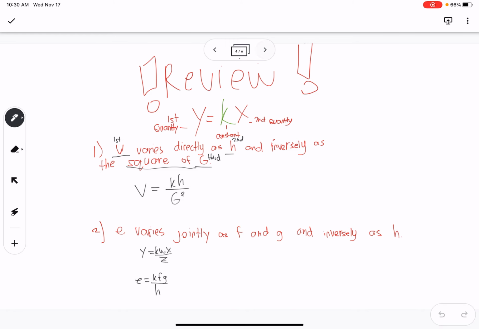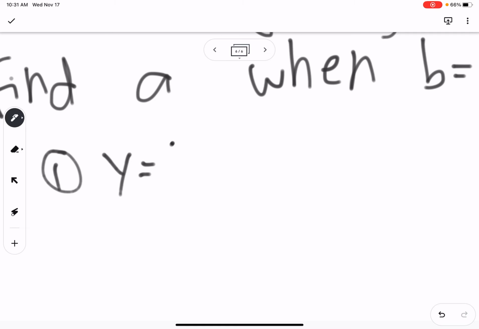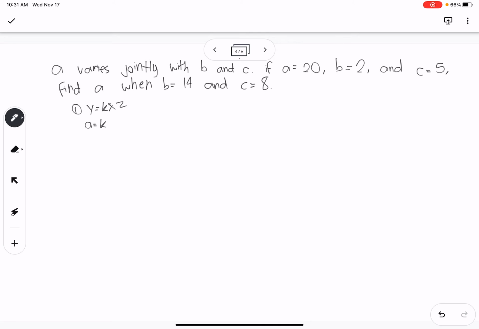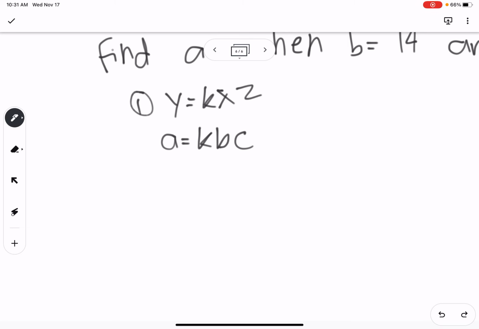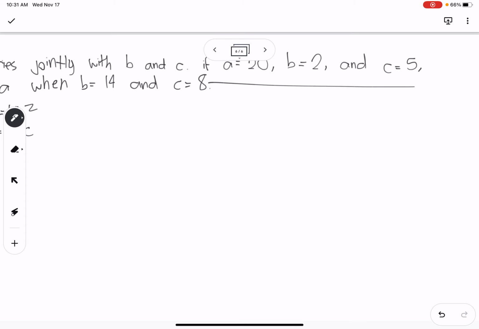So let's try to solve. The form for a joint variation is kxz. Let's substitute the values real quick. A equals k B C. So yeah, this is what our equation will look like. Now for number 2, let's substitute these values.